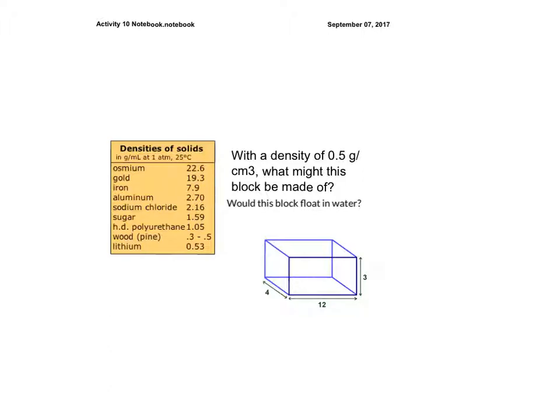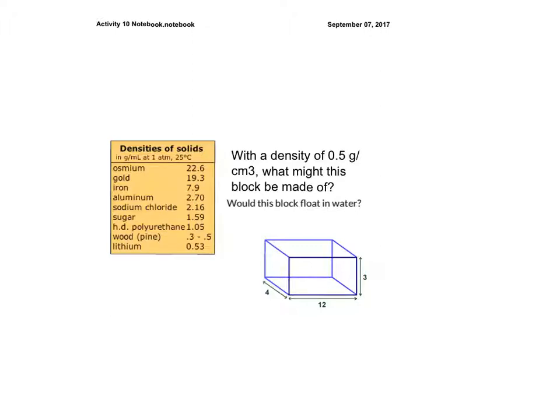So with a density of 0.5 grams per centimeters cubed, what might the block be made of? Well, with 0.5, if we're looking on here, it could be, I don't know, it's kind of close. This one up here, osmium, is 22.6. It's probably not going to be osmium.